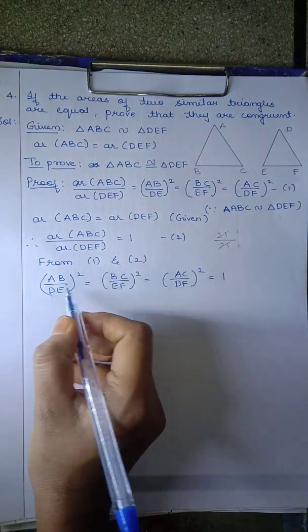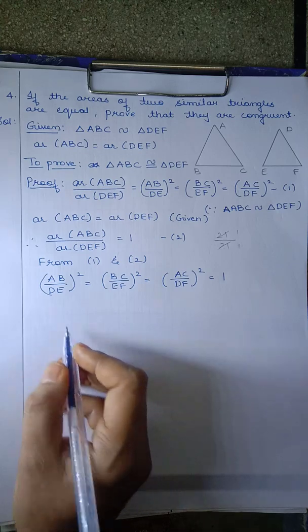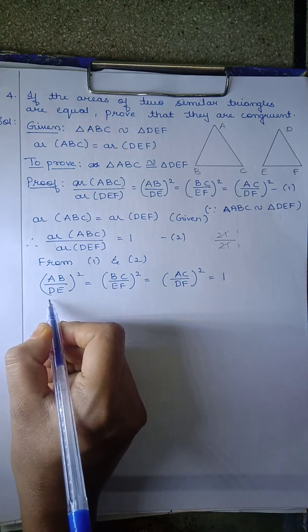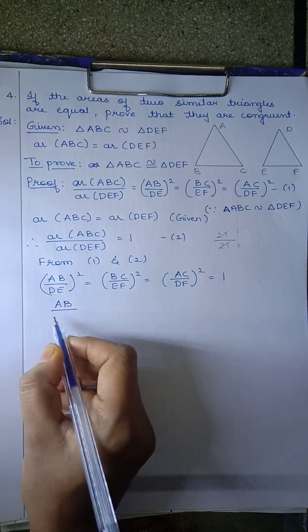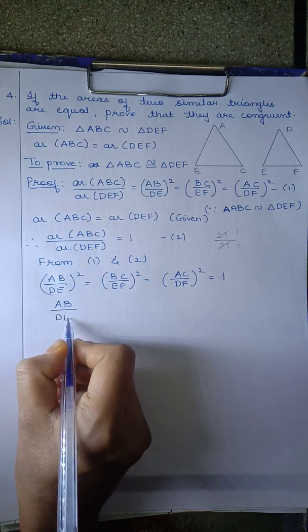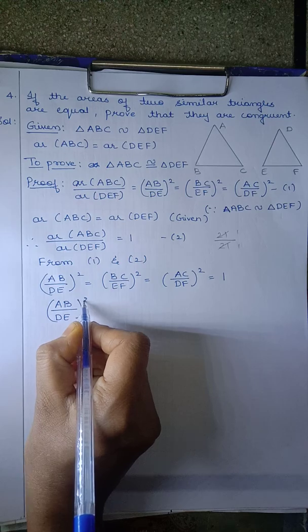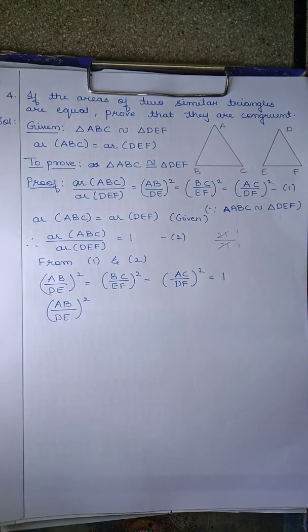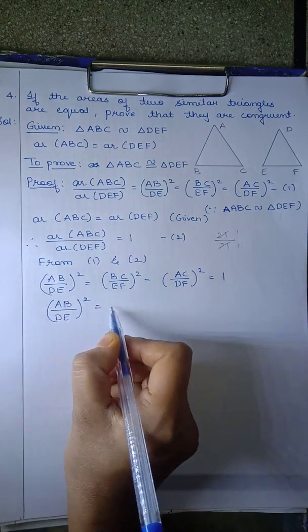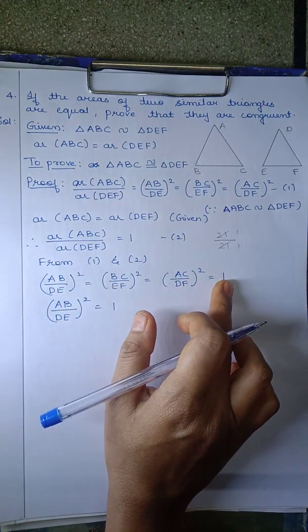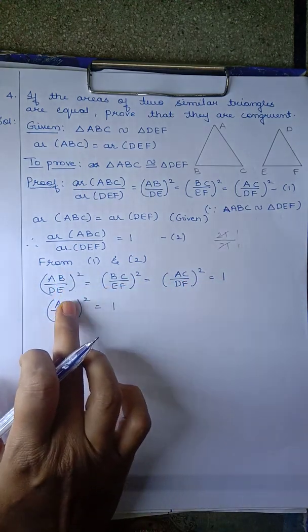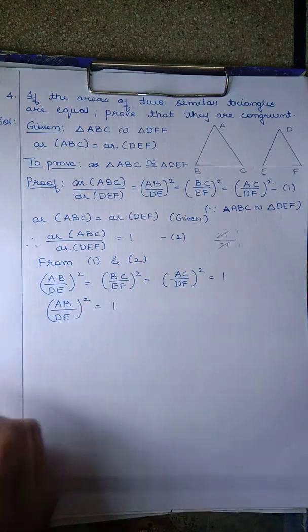So now let us take it individually. (AB/DE)² = 1. Individually I have taken all these three equal to 1.